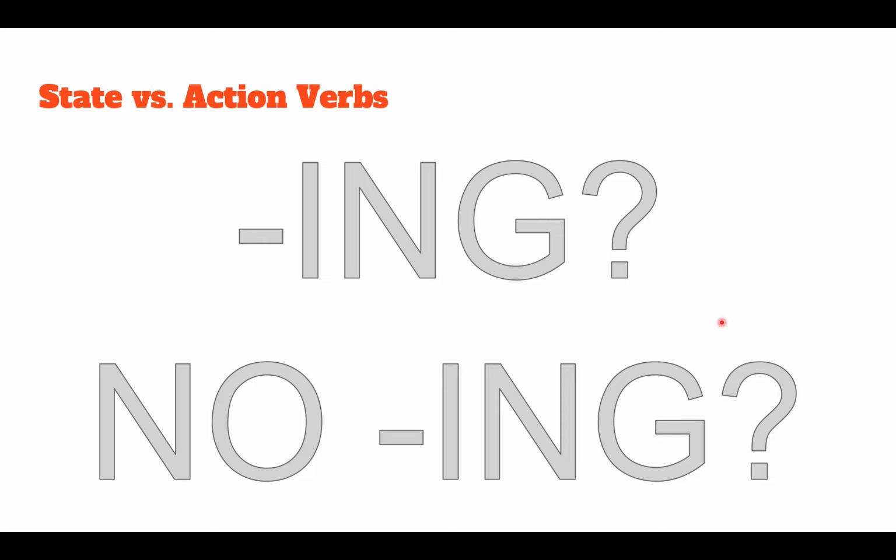On the other hand, if you use see as meet, like I'm seeing my doctor, then it becomes a verb of action. Then with this idea, the idea of meet, see has the ing, but not as the idea of my capacity to see. Okay?